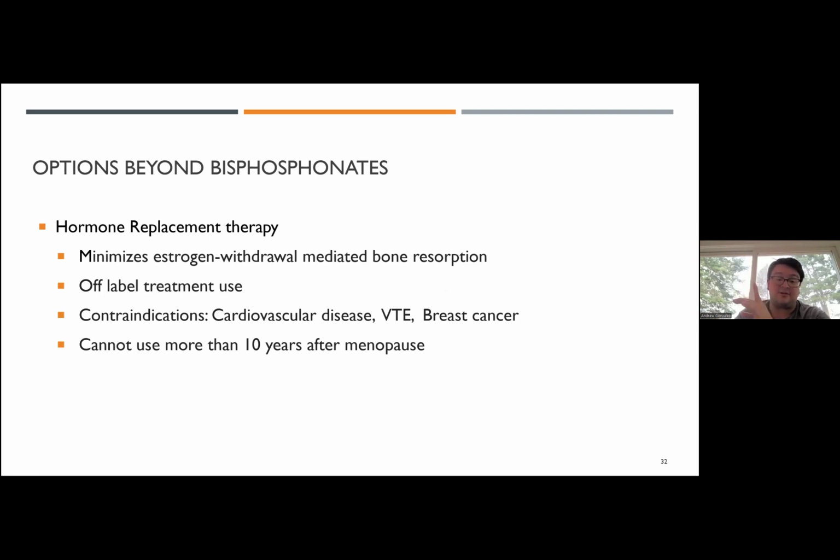It's an off-label use, but because low estrogen state, low hormone state is associated with osteoporosis, intuitively, repletion of the hormone would guard against osteoporotic fractures. However, numerous contraindications: cardiovascular disease, blood clots, breast cancer.